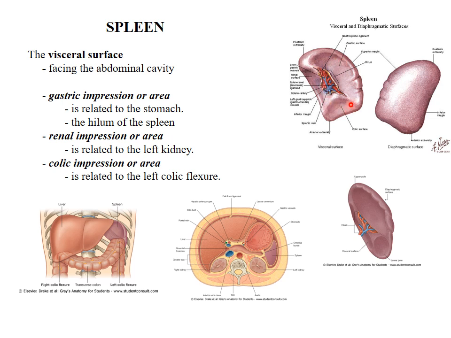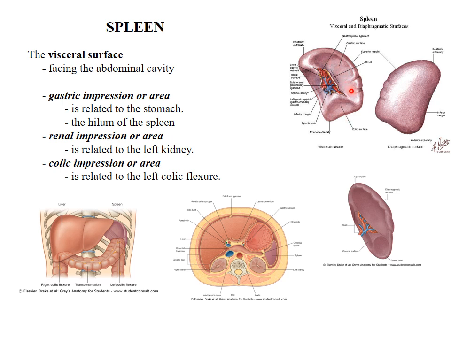Visceral surface is in relation with the abdominal viscera, and it faces the abdominal cavity. It has three areas or impressions. These impressions are the result of the relations with the viscera. First, this is the gastric impression, this is the renal impression, and colic impression.